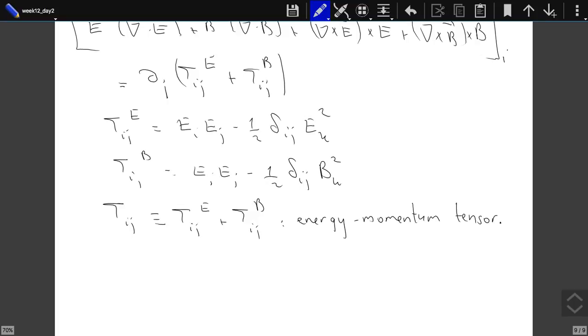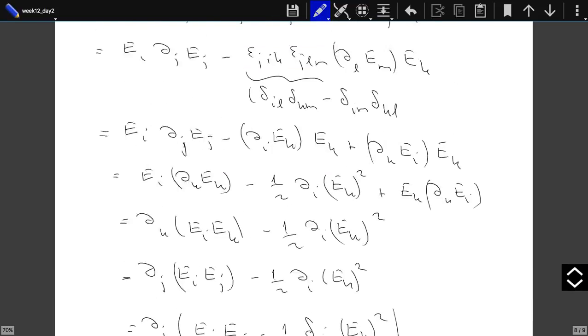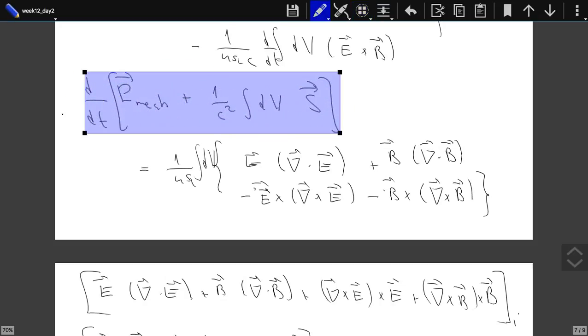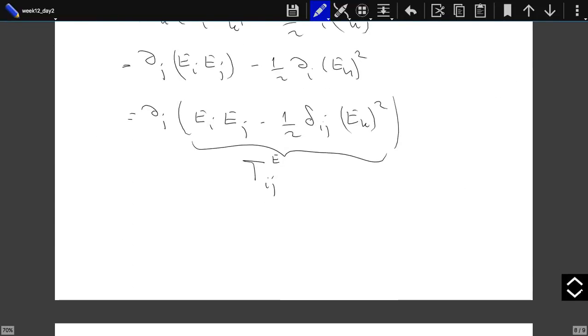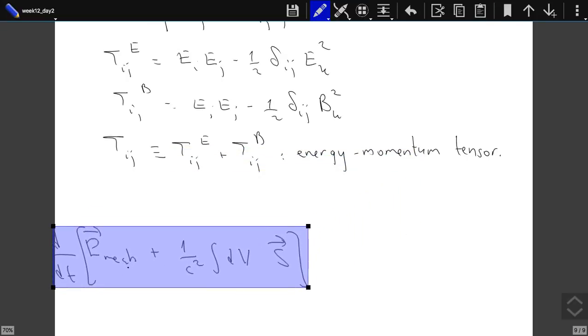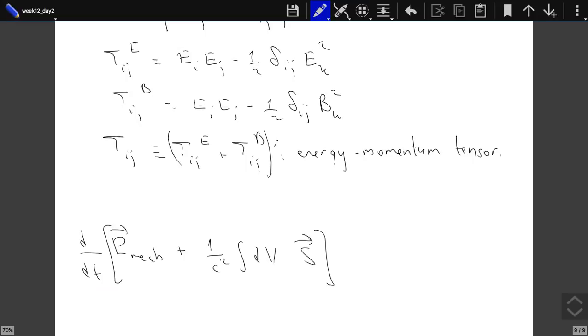Now let's first look at the conservation of momentum. You see, we had this equality. This whole thing. Now, let me just define this with an additional 1 over 4 pi. In fact, with even a minus sign.